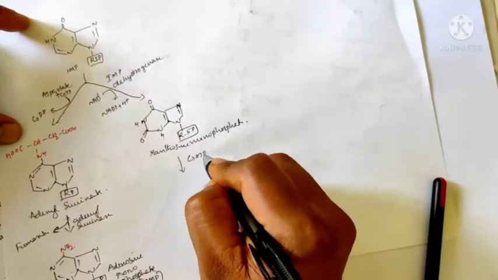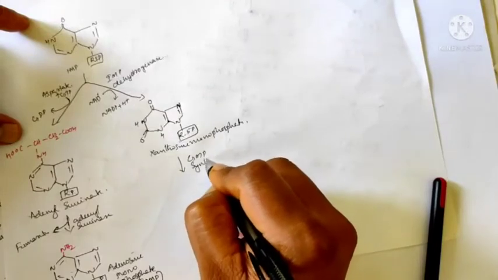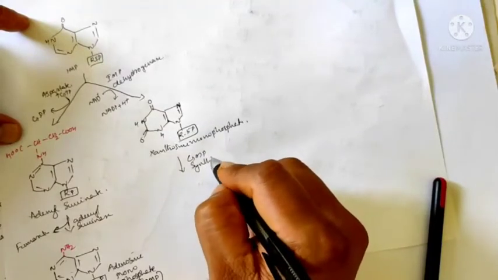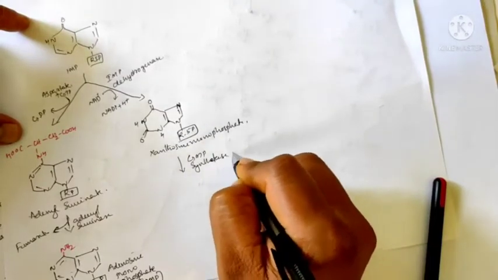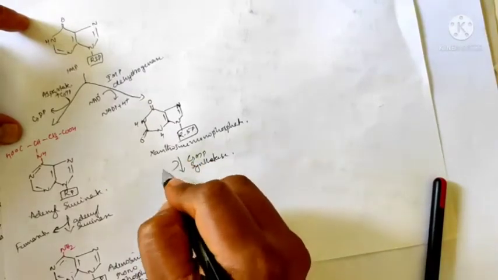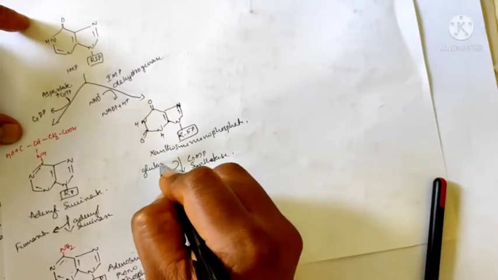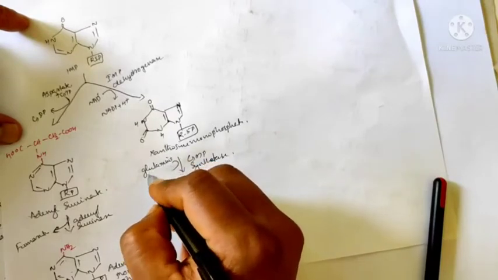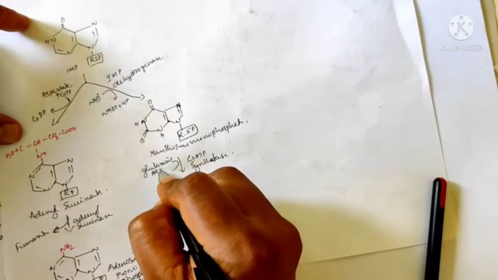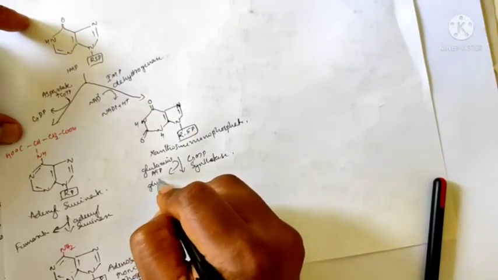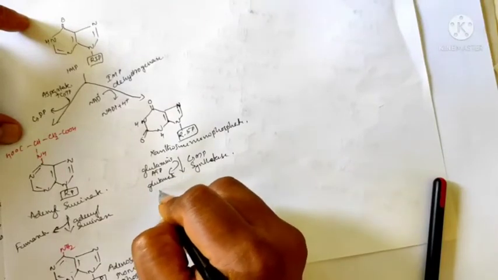And the next enzyme, GMP synthetase, by utilizing glutamine and ATP, is required, giving glutamate plus ADP.